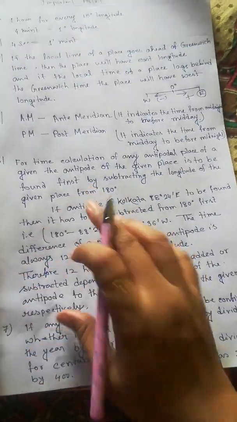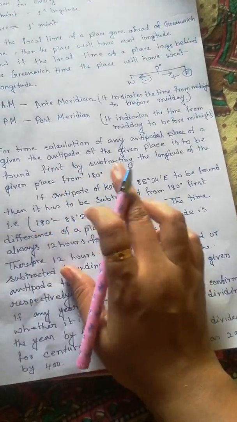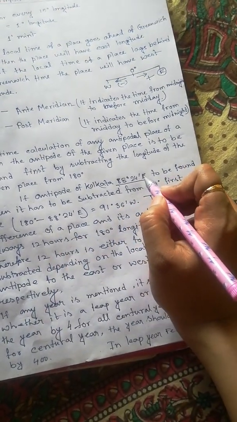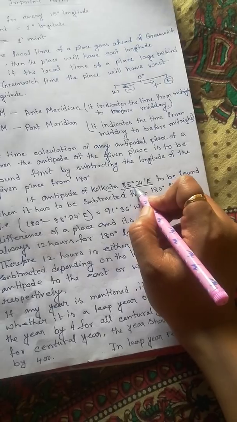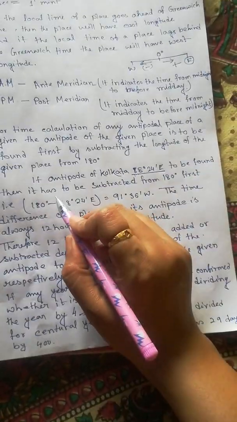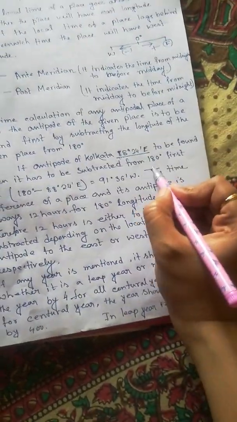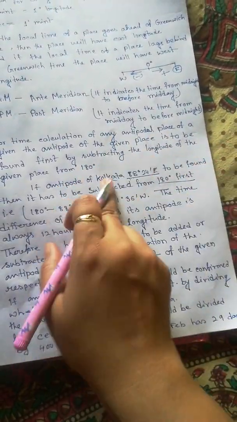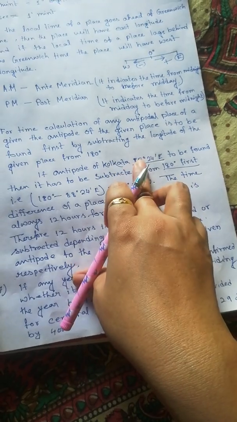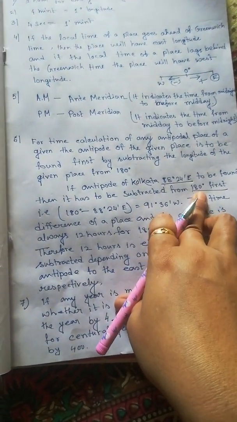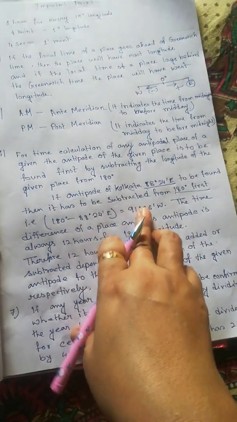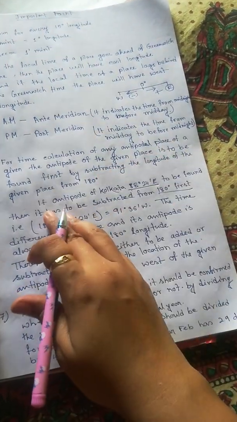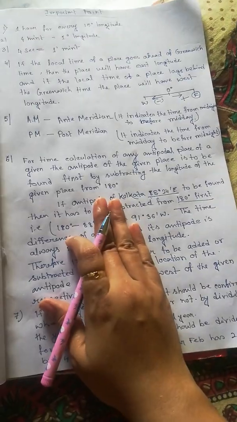Here I give you an example. The longitude of Kolkata is 88 degrees 24 minutes east. To find the antipode of Kolkata, you subtract the Kolkata longitude from 180 degrees, that is 91 degrees 36 minutes west. Okay, west, that is totally antipodal, meaning the eastern hemisphere and the western hemisphere.